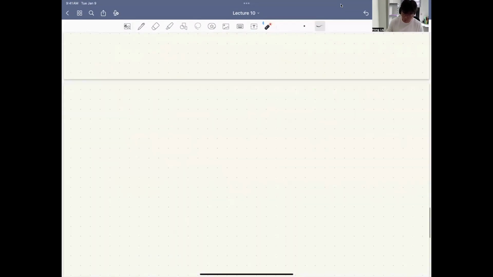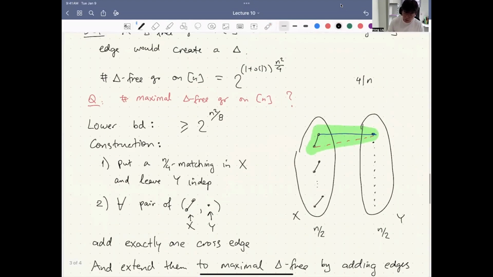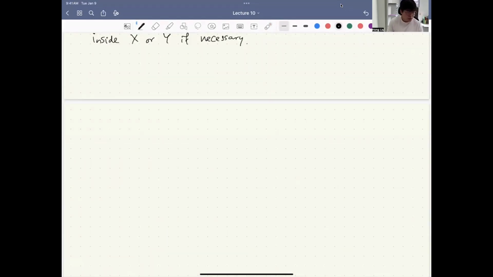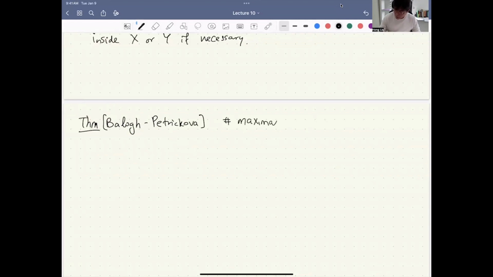This was proved in 2014, maybe about 10 years ago, by Balogh and Petříčková, who showed that the number of maximal triangle free graphs on n vertices is 2 to the (1/8 plus little o(1)) times n squared.